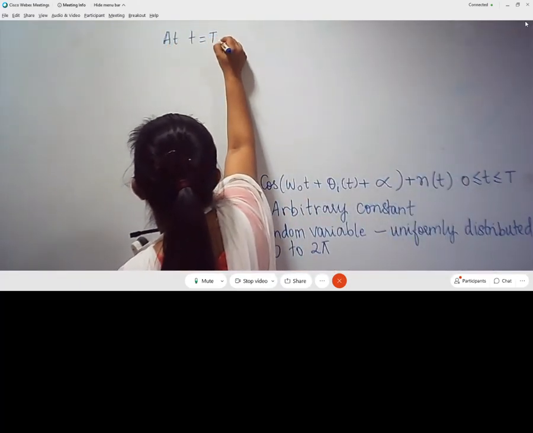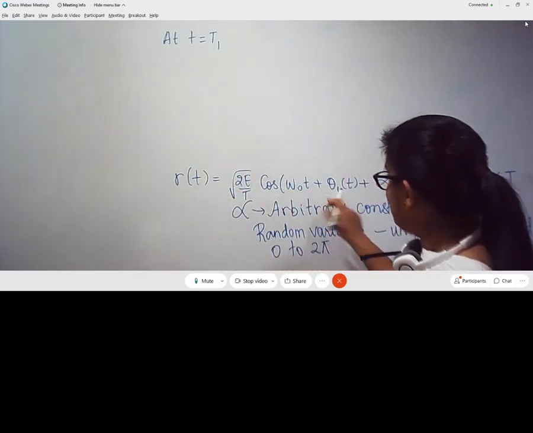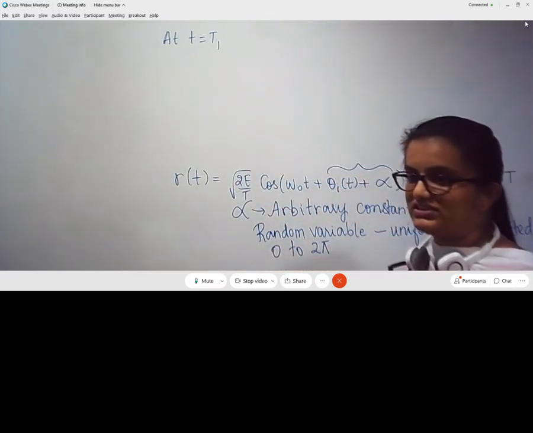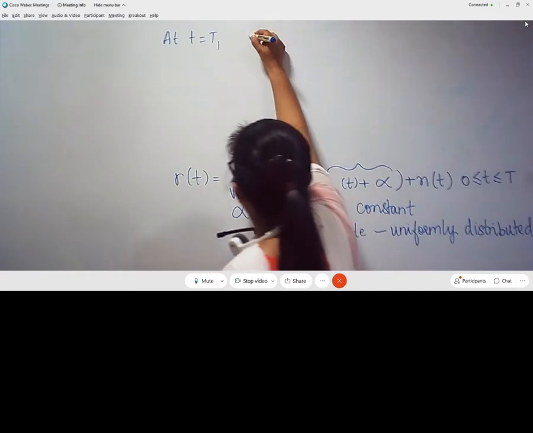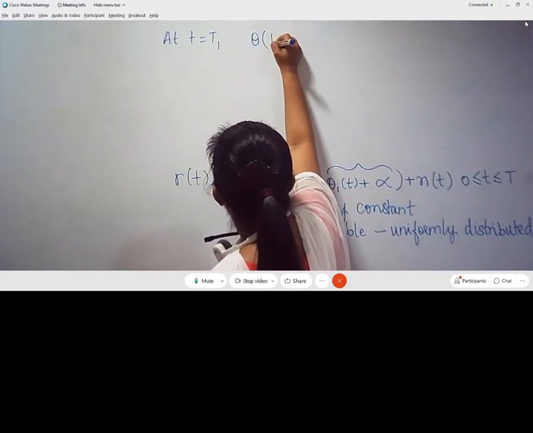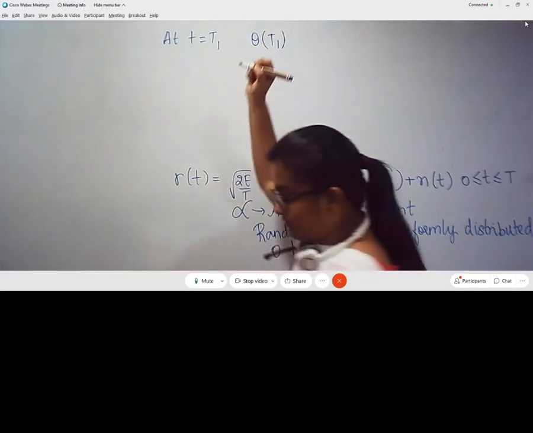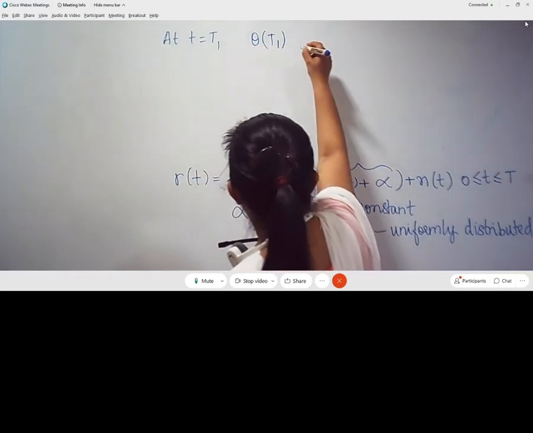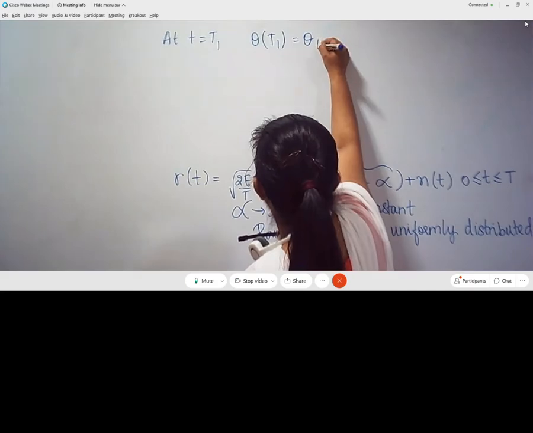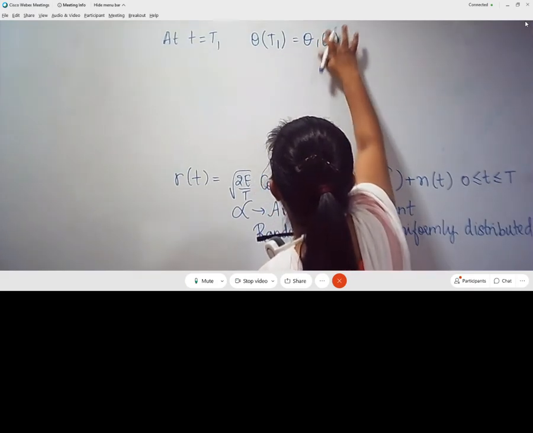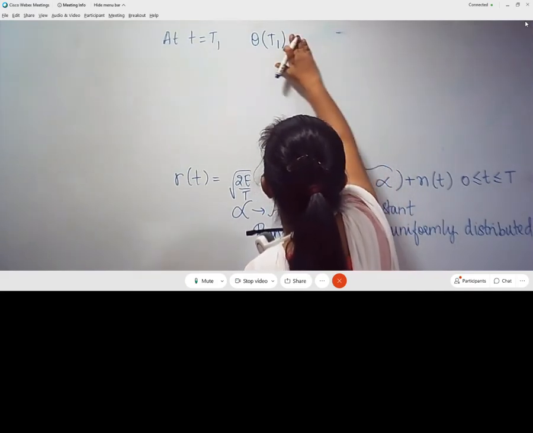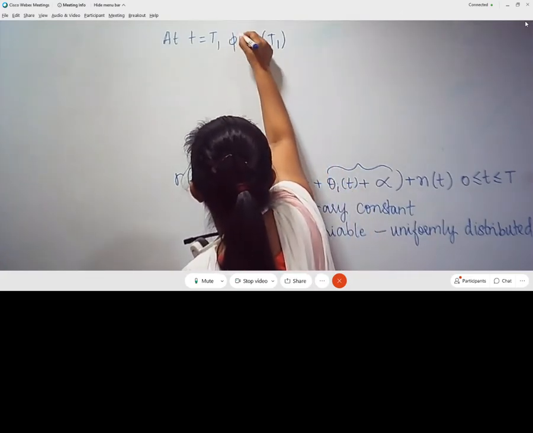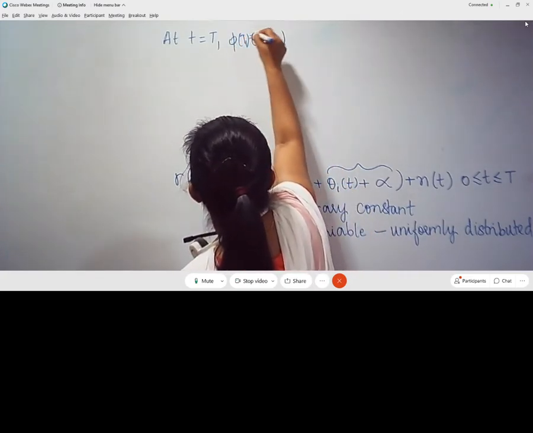I obtain the phase of the received signal at t1 as phi_i(t1) equal to theta_i(t1) plus alpha.